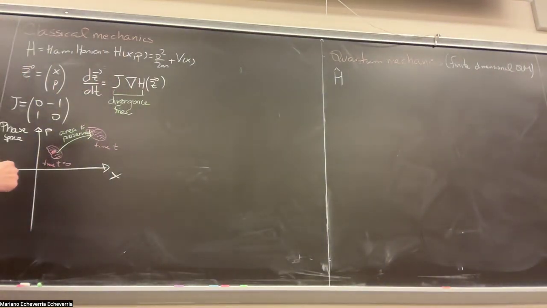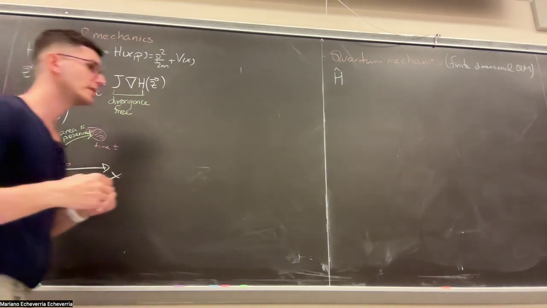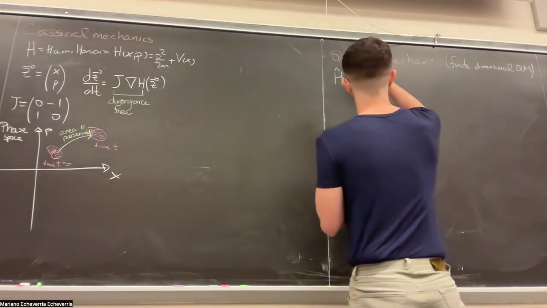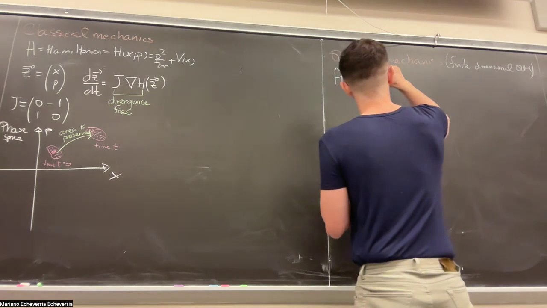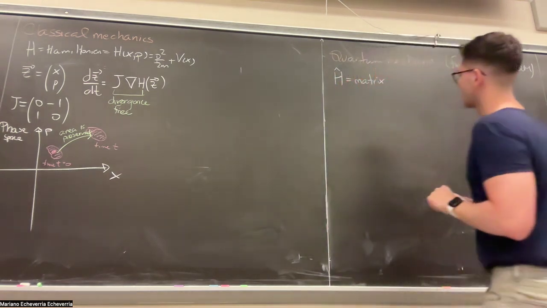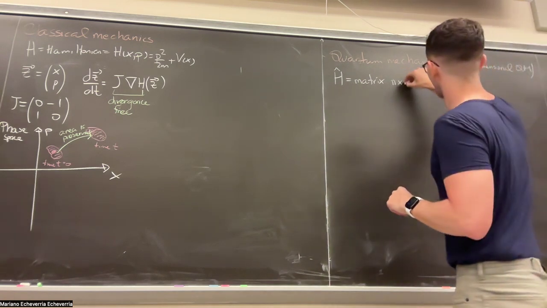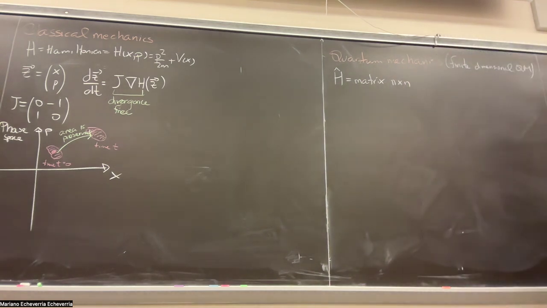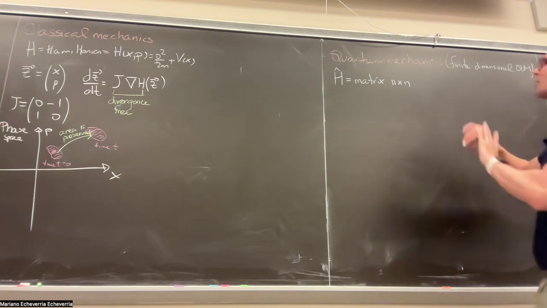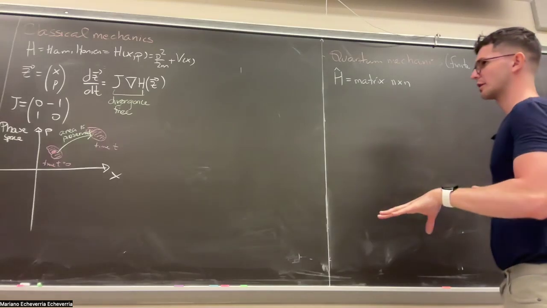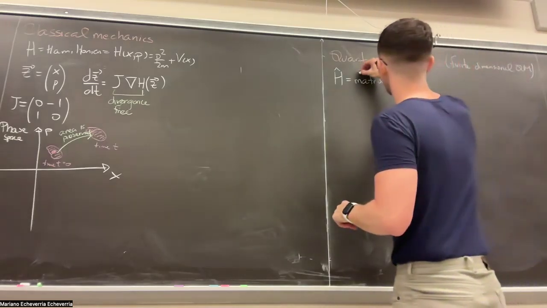the Hamiltonian is going to be a matrix. Okay, so it's going to be an n by n matrix. And it is a complex matrix. So in quantum mechanics, you do have to work with complex numbers, kind of forced on you.